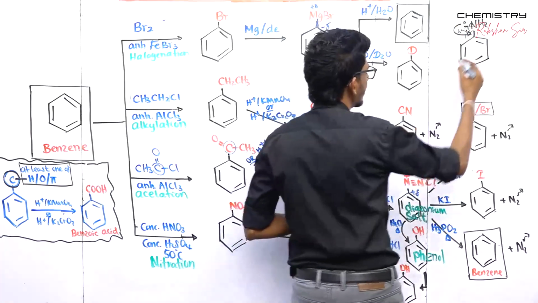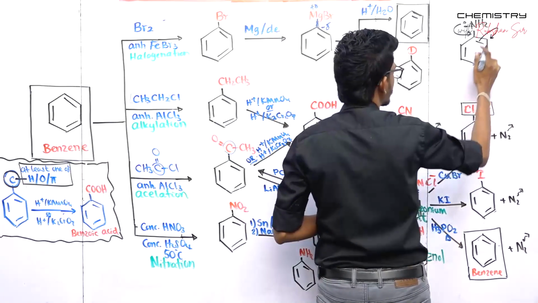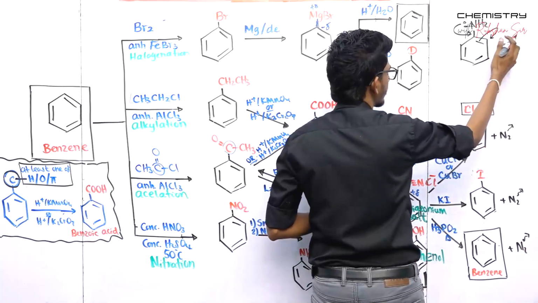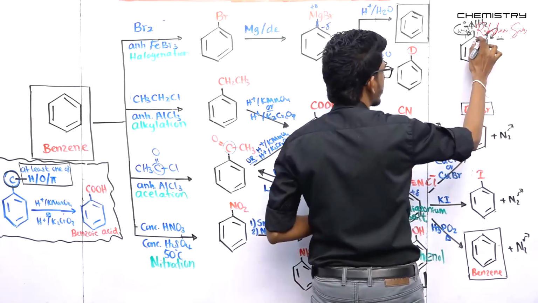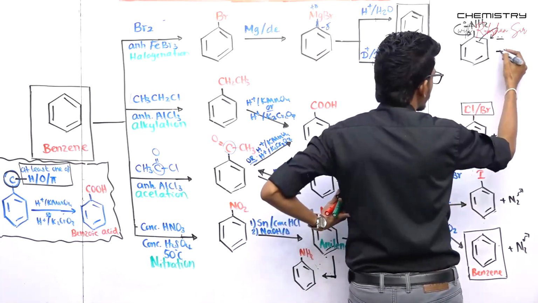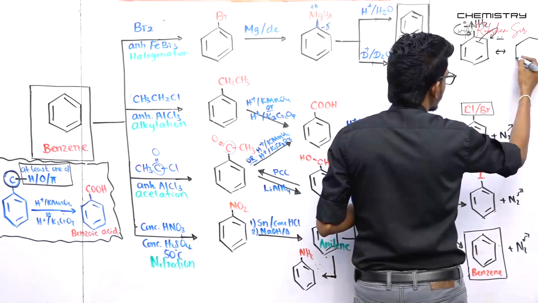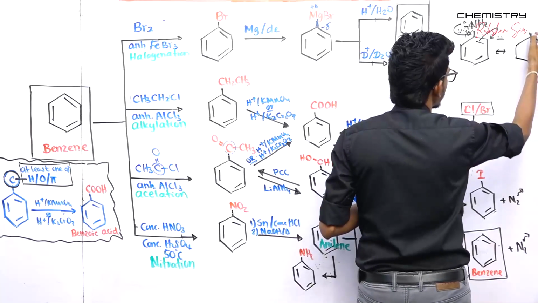So in aniline, in this position, we get a negative charge. See, this electron is coming towards here, so that position will get a negative charge like this.